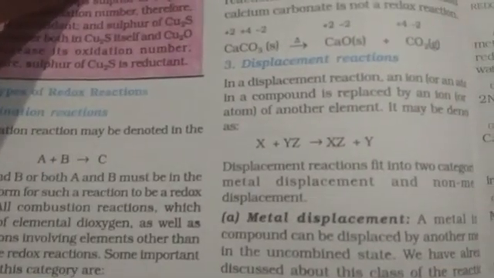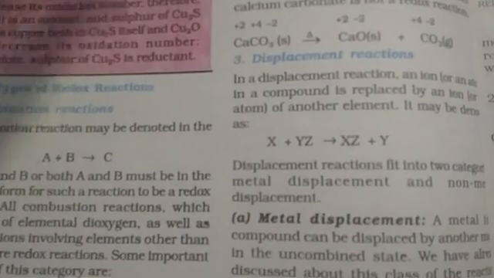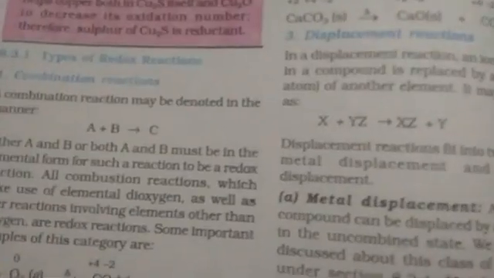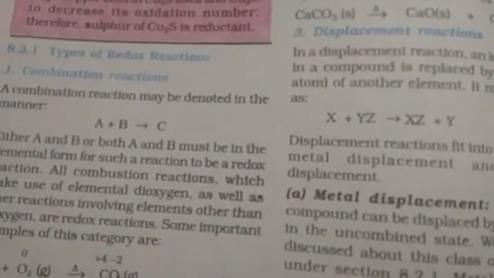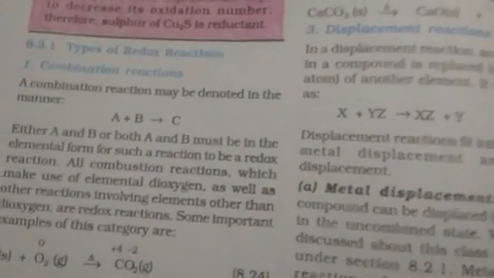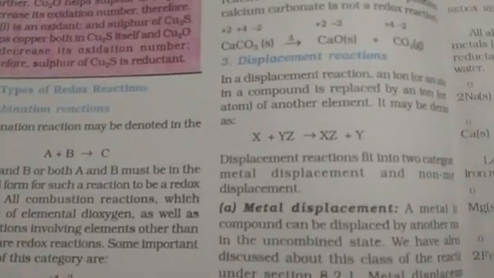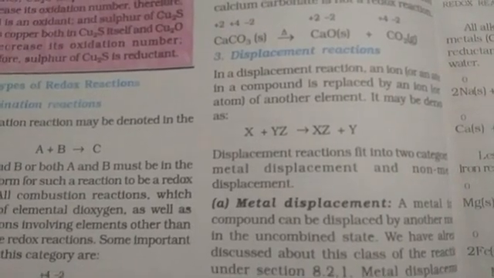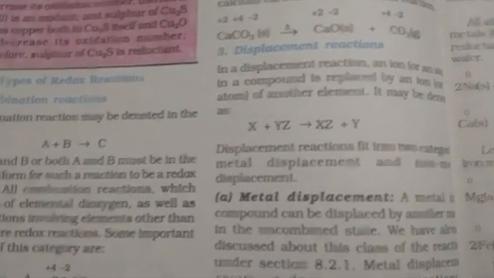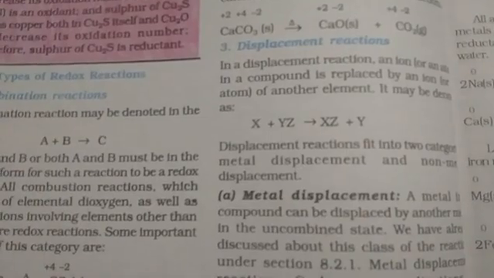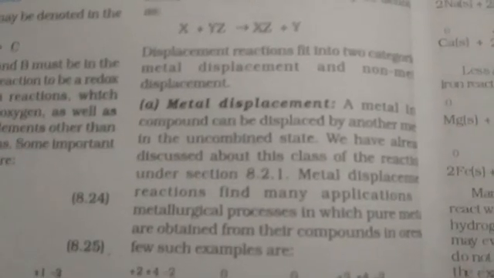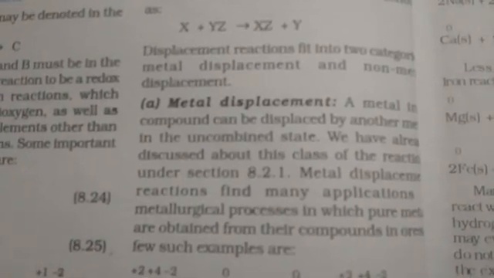Once again, the reaction in which more reactive matter displaces less reactive matter, we call displacement reaction. There are mainly two types of displacement reaction. The first is metal displacement and the second is non-metal displacement. Metal displacement means more reactive matter displaces less reactive matter.